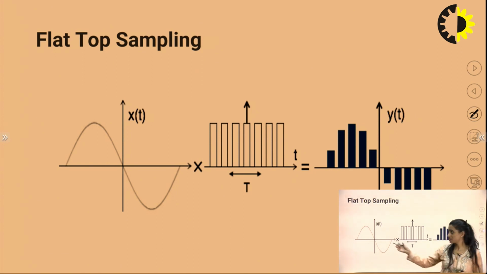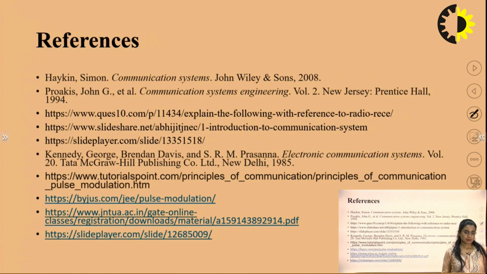If this is my continuous time signal and I replace those continuous amplitude samples with these flat tops, I get these flat top samples. These are the most commonly used kind of samples in communication.